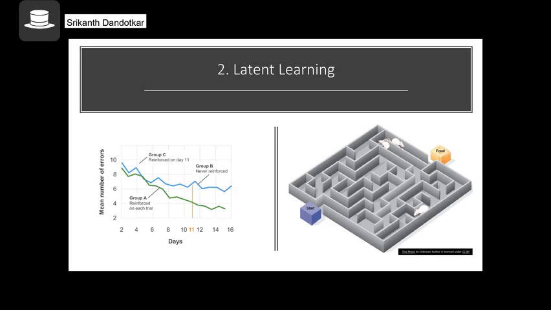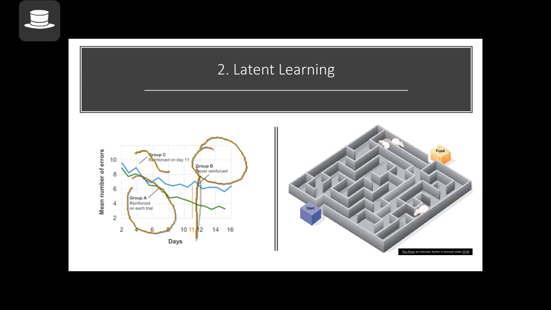To answer this question about whether or not the unreinforced rats ever learn, Tolman selected a few rats from Group B, the never reinforced group, and reinforced them on day 11. Then Tolman compared the errors made by groups A, B, and the new group that would be represented as an orange line in the next slide.